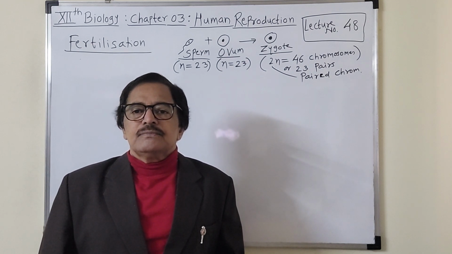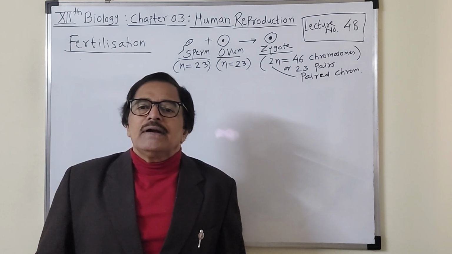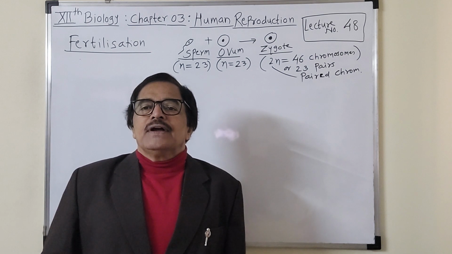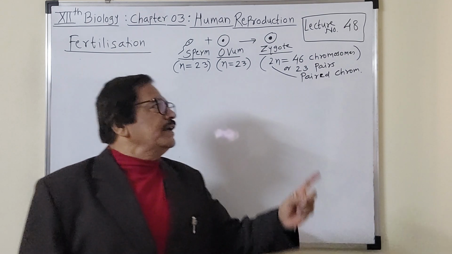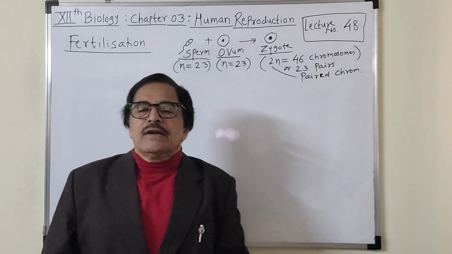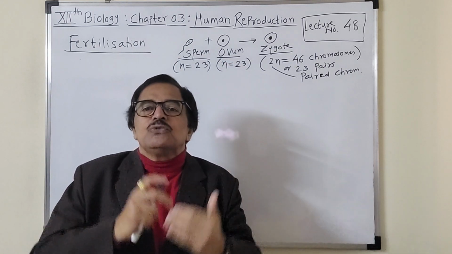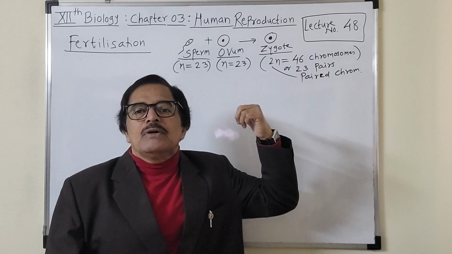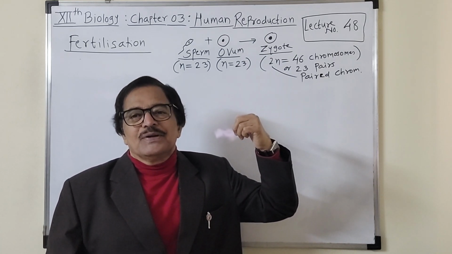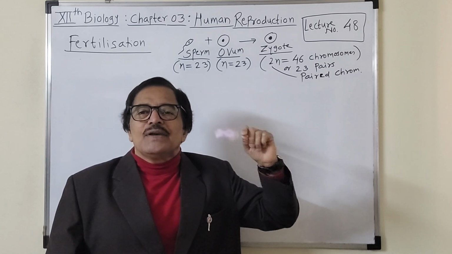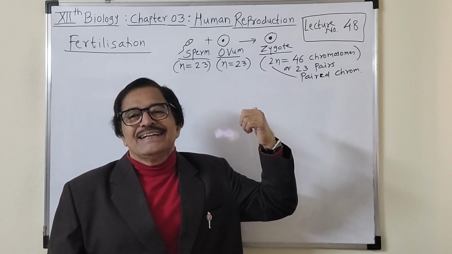The haploid number of chromosomes is present in the sperm and in the ovum or egg, and they fuse together. Why is the haploid number formed there? Because of meiosis. So after meiosis, it becomes haploid.